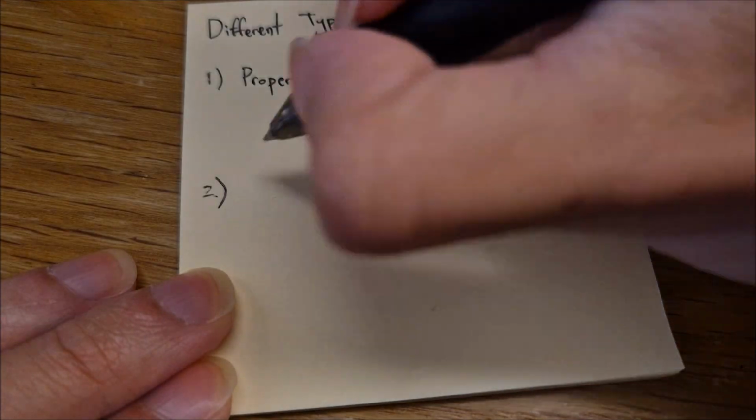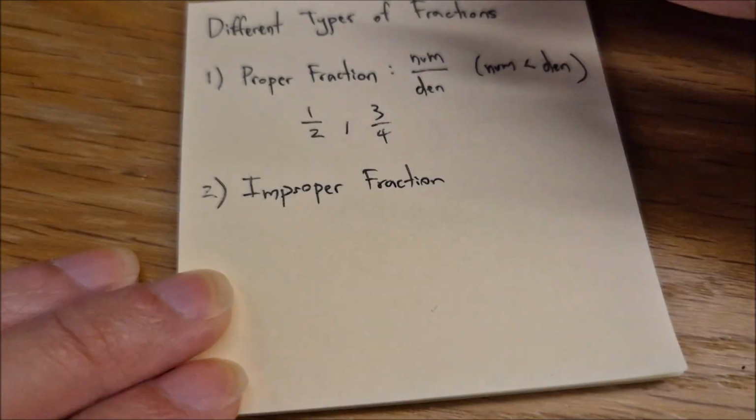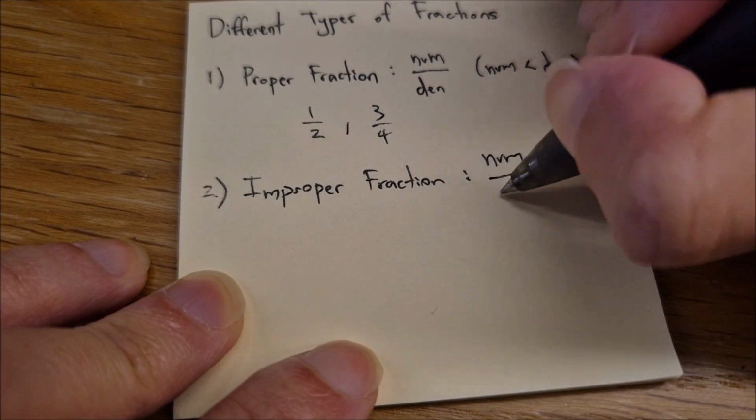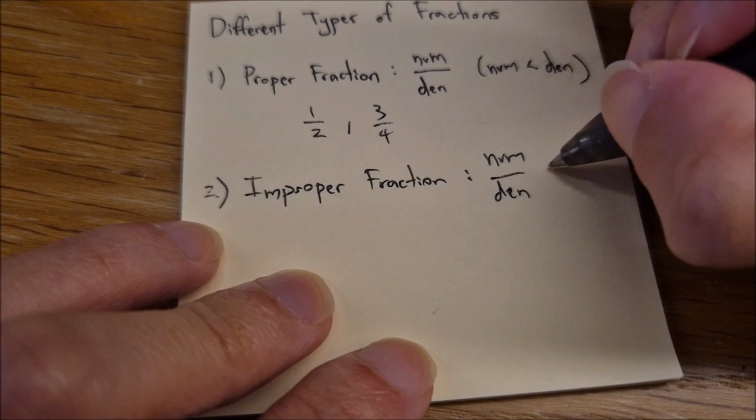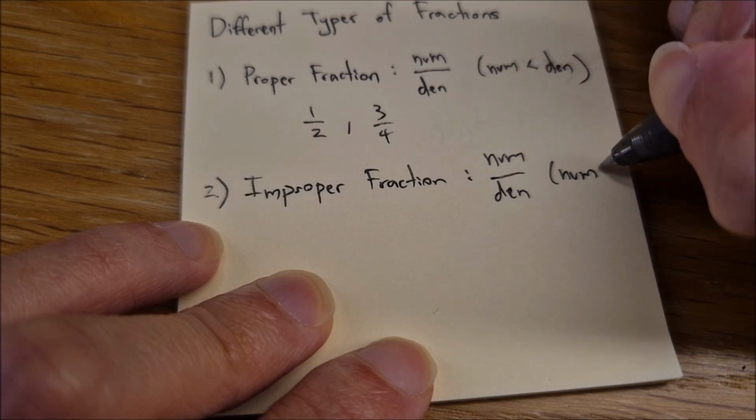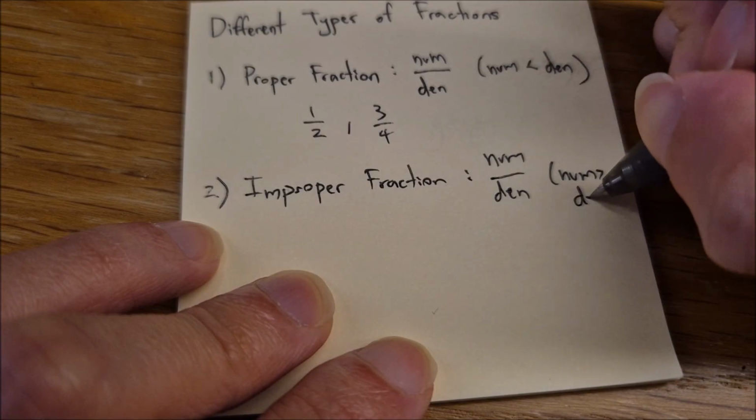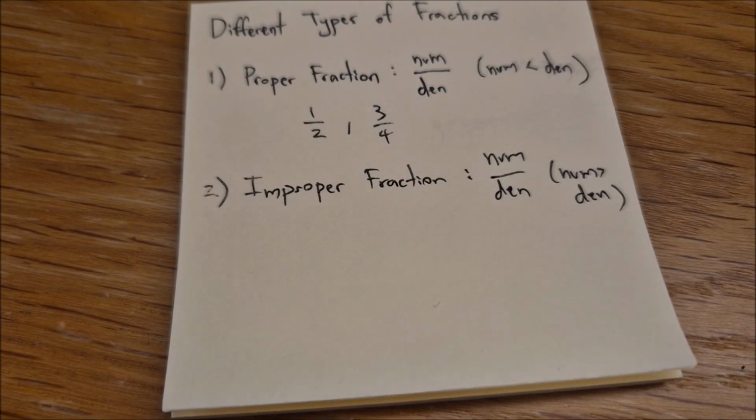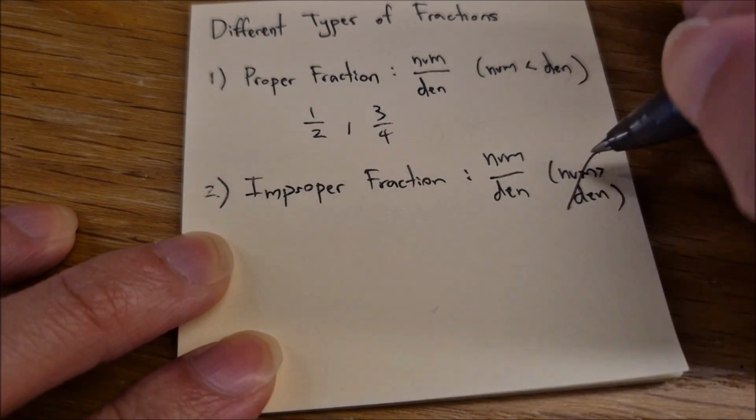And the opposite of this one would be what's called an improper fraction. The numerator is greater than the denominator. Oops, not enough space.